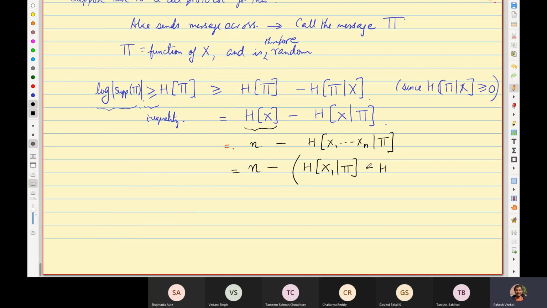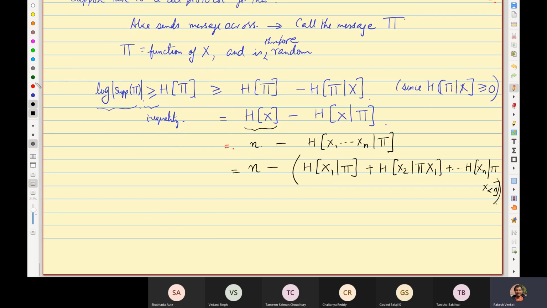So I'll put this in brackets: H of X1 given pi, plus H of X2 given pi and X1, plus and so on up to H of Xn given pi and X less than n. And now when we have this, we are going to use the fact that conditioning only reduces the entropy.